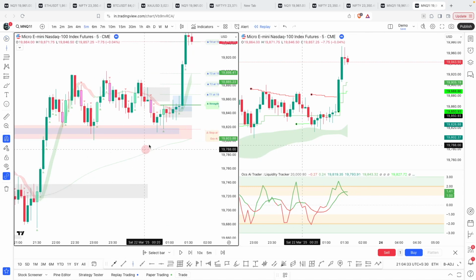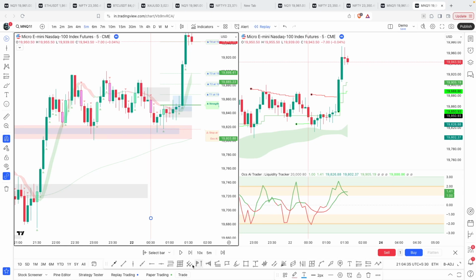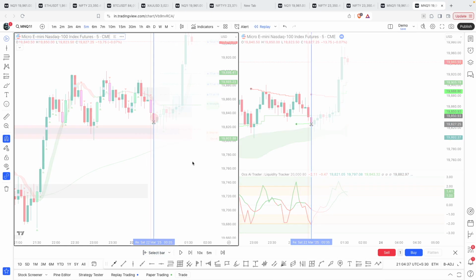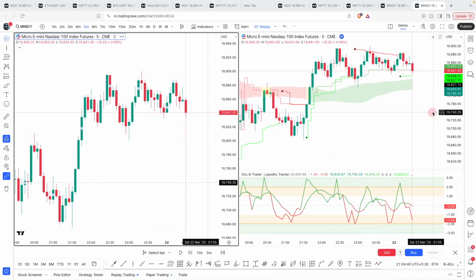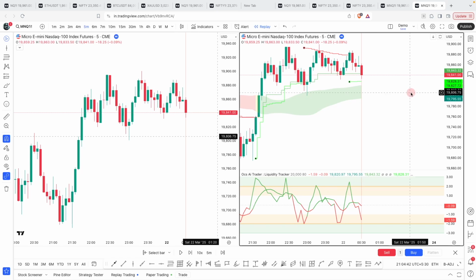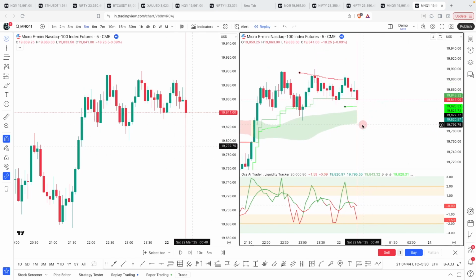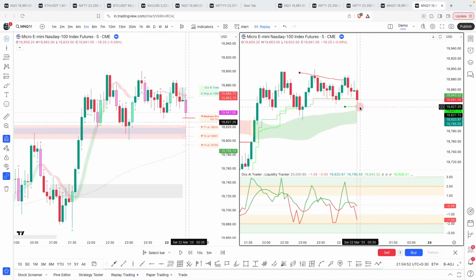Coming to this signal, I'm also replaying the chart. I'm selecting this signal and we'll see what happens. On the right hand side, what do you see? There is a band which is green in color, and these two liquidity lines are also green.